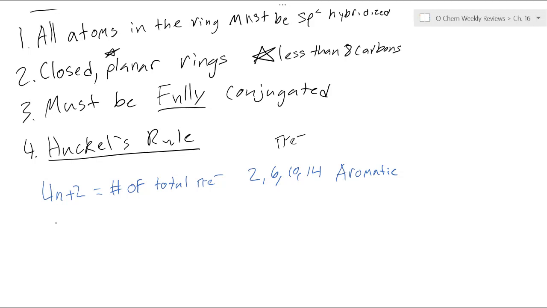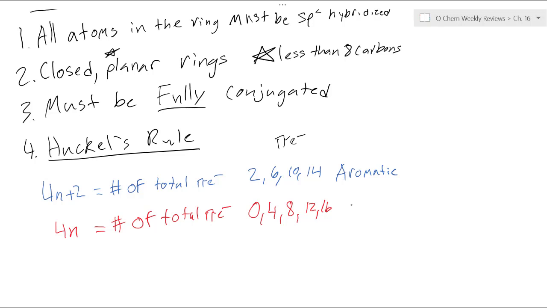Now, before I move on, we also have another equation for Huckel's rule. Instead of 4n plus 2, we have 4n. So this is the number of total pi electrons, but now the numbers are 0, 4, 8, 12, 16, and so on. Now, this list is not exhaustive. It can obviously go on forever, but these are the typical numbers you'll deal with.